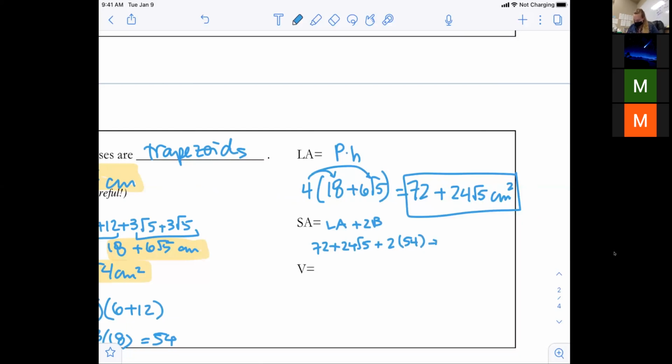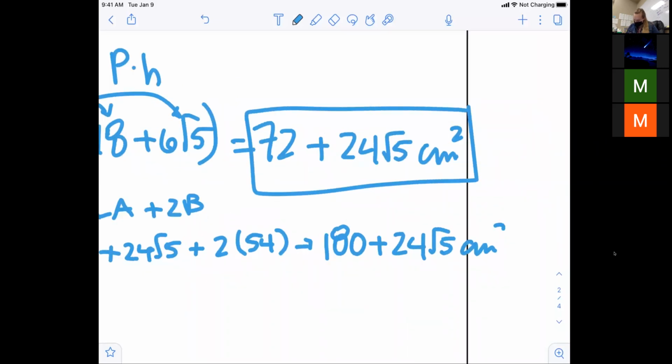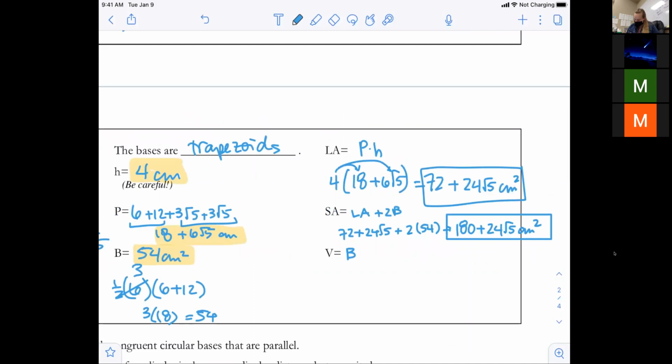So I get 180 plus 24 root 5 centimeters squared. And then last, V is B times H, which is 54 times 4. 216. Again, volume's always cubed.